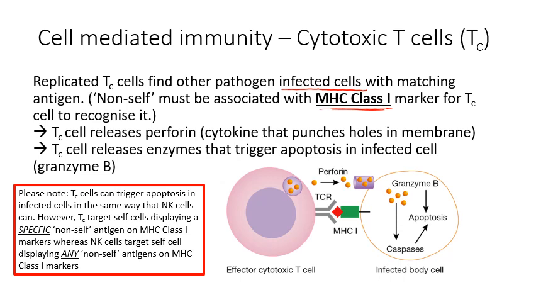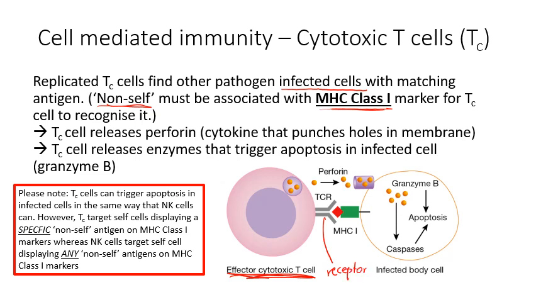The MHC class 1 marker that we would usually use to identify our cells as belonging to us has been slightly altered because this pathogen has entered it, and it now gets recognized as non-self. When this happens, the cytotoxic T cell attaches to or interacts with the infected cell using its receptor. We can see its receptor here.